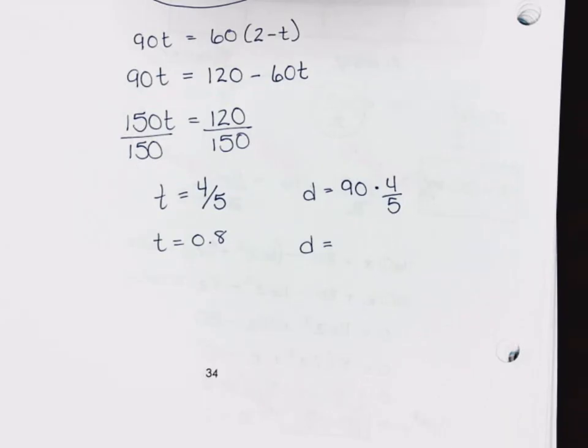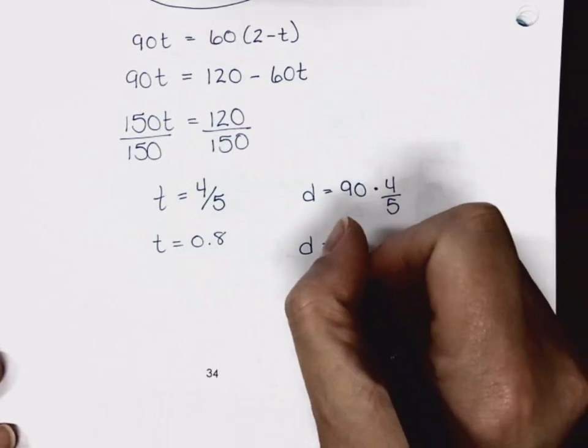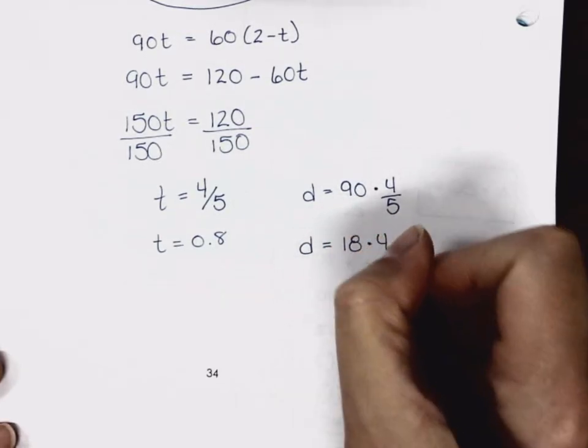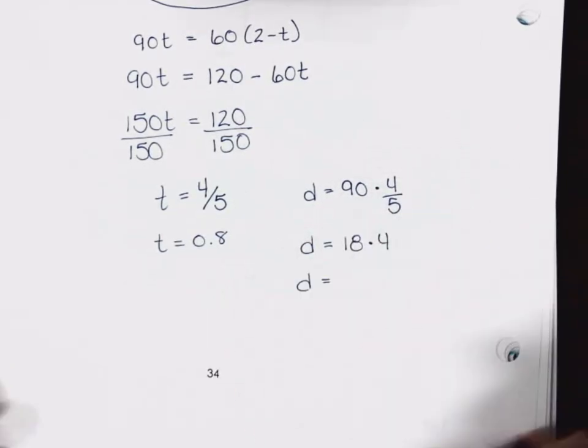I think it's 18. We'll check. 18 times 4? 40, 32, 72. Yep.